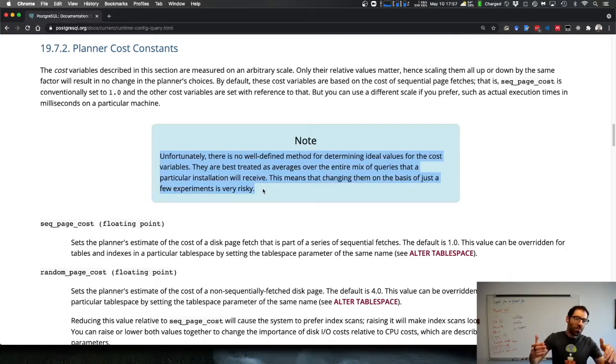So they just came up with some numbers that seemed to work well, and maybe you want to change them for your particular instance of Postgres, but this is what determines its estimate of what things cost. We can see that sequential page cost, reading disk pages sequentially, is 1. Reading disk pages randomly is 4. So random I/O is about 4 times slower than sequential I/O, but that might not be true for a particular instance, but this is the approach that Postgres takes.